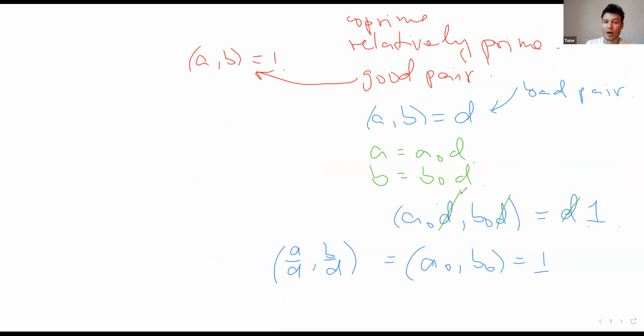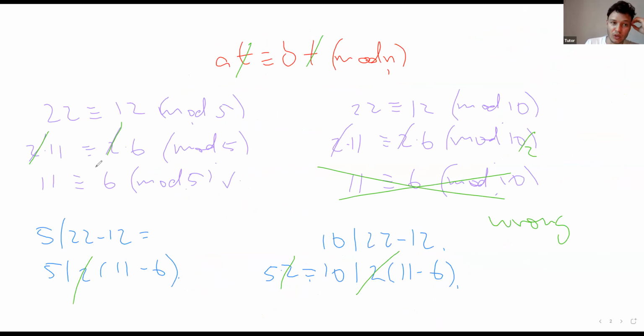If we go back to our original example, what do we notice? We notice that 2 and 5 are good to each other, right? But when we look in here, 2 times 6 is congruent with 10, which is 2 times 5, right? So if I cancel a 2 in here and a 2 in here, I would also need to cancel the 2 in here. The way this simplification works is that after I cancel the 2, I'm left with 5, so I don't have 10 here anymore.